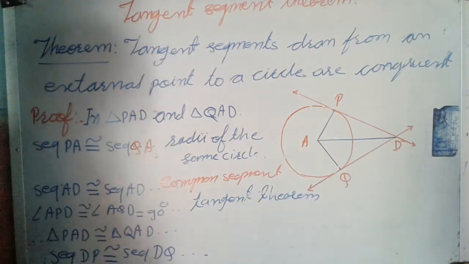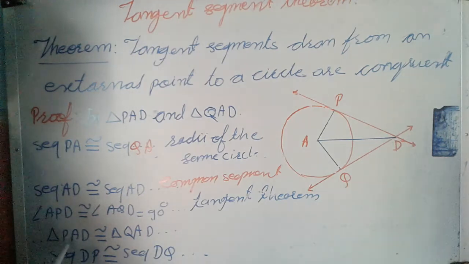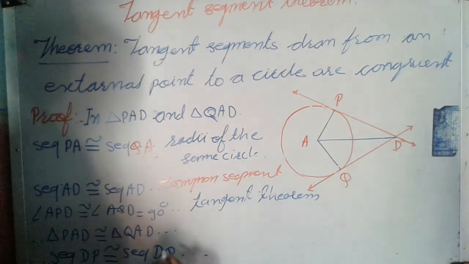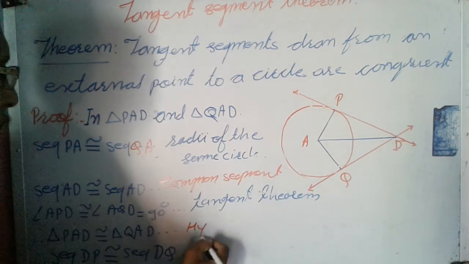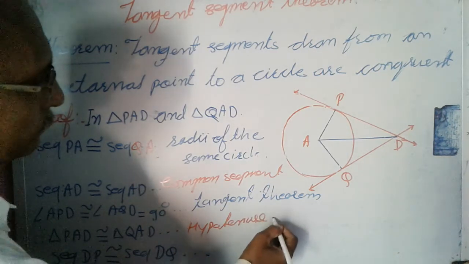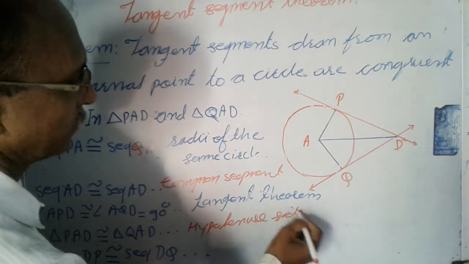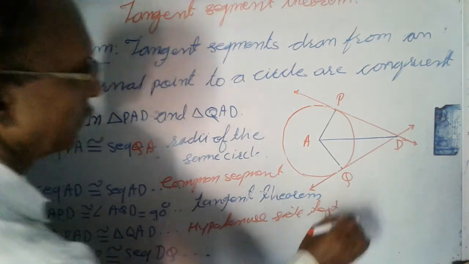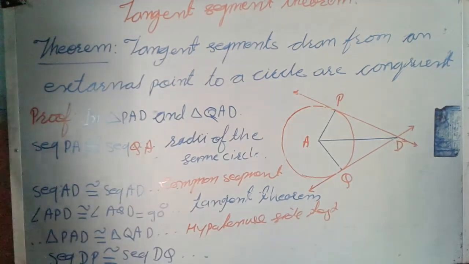Therefore triangle PAD is congruent to triangle QAD by the hypotenuse side test.